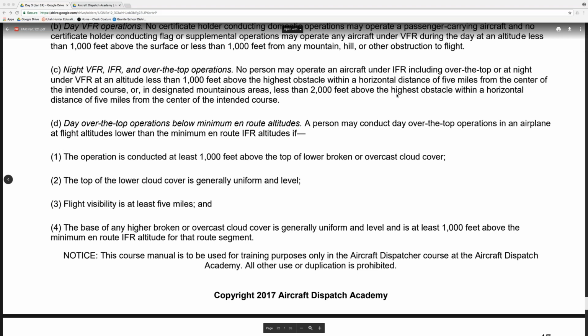The top of the lower cloud cover is generally uniform and level. 3. Flight visibility is at least 5 miles. And 4. The base of any higher broken or overcast cloud cover is generally uniform and level and is at least 1,000 feet above the minimum en route IFR altitude for that route segment. Okay.